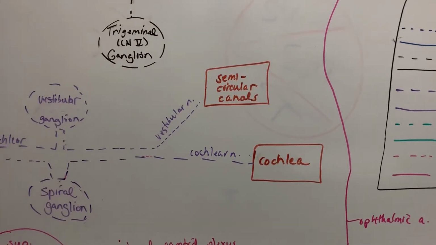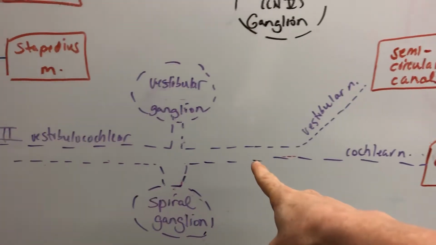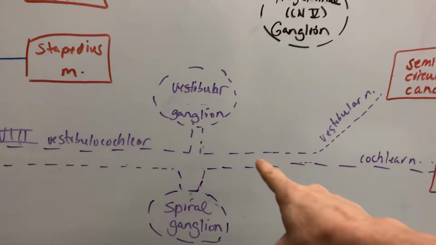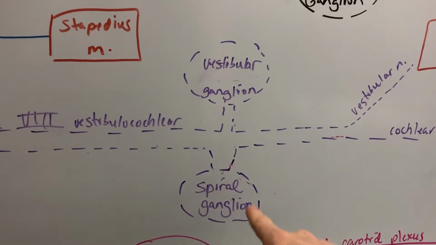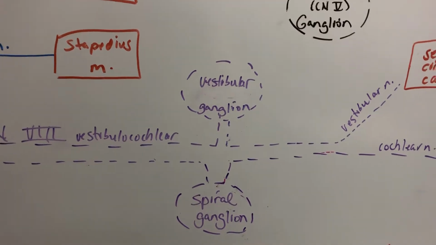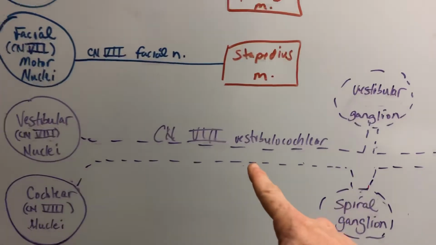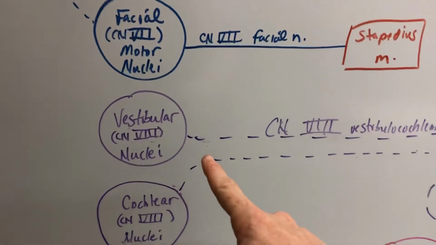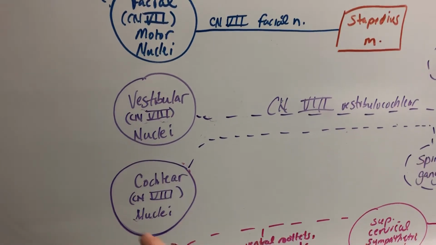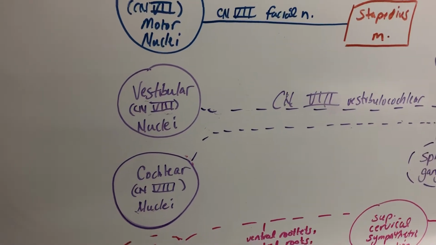When we bend the hair cell, it creates an action potential that then travels through the cochlear nerve, which is part of the vestibulocochlear system. It goes over to its own ganglion called a spiral ganglion, where we have bipolar nerve cell bodies. Again, there's no synapse here. Note the dotted line. We send our central process in through the vestibulocochlear nerve, where we travel into the cochlear nuclei that's located basically at that junction of the pons and the medulla.